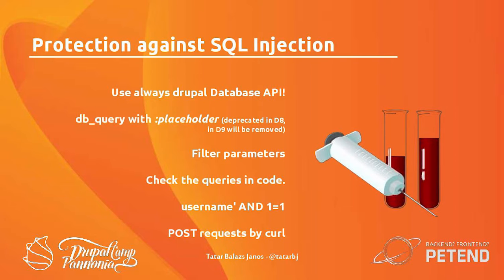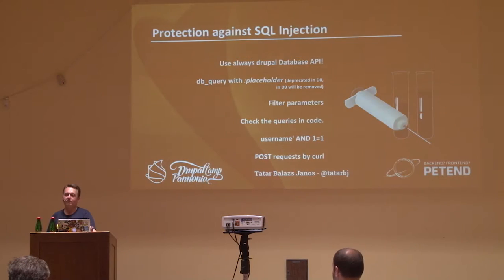We got the session, we got all the knowledge from Gabor in the morning saying the deprecated things will be removed in Drupal 9. That one will no longer exist and will just crash your website if you go to Drupal 9. And you will just, man, why? So do not. Filter all the parameters, check the queries in code.